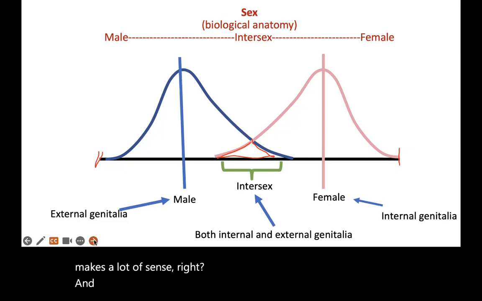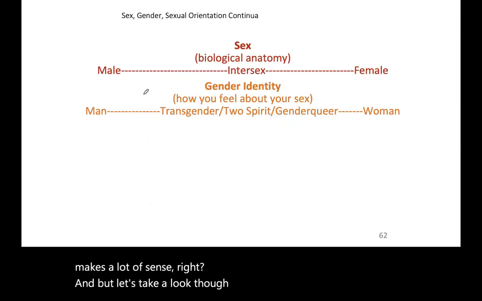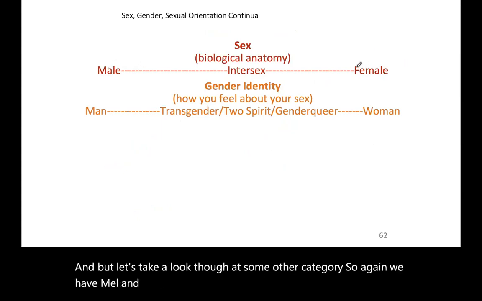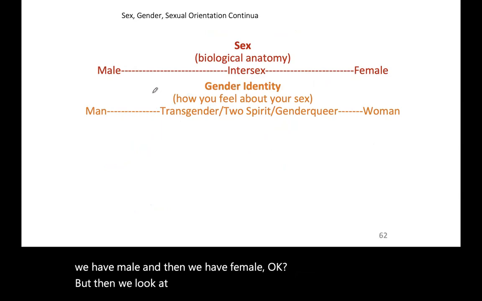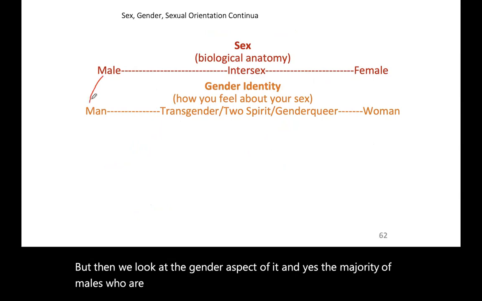But let's take a look at some other categories. So again, we have male and then we have female, okay? But then we look at the gender aspect of it. And yes, the majority of males who are born male will take on a male, man gender identity.